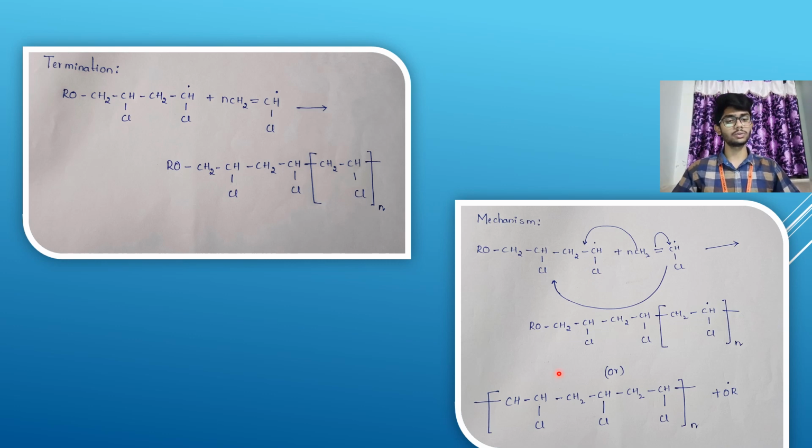As a product we get ROCH2CHClCH2CHClCH2CHCl, or we can write it as a polymer of vinyl chloride. So this is the final product that we want, that is polyvinyl chloride, which is a polymer of vinyl chloride. So that's all my topic.